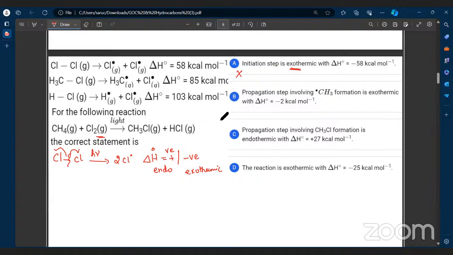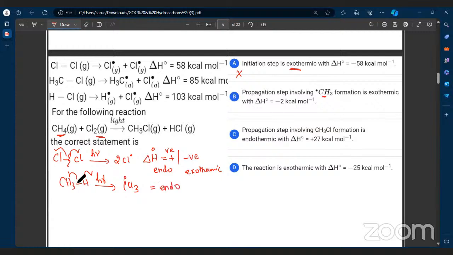Now moving to the next one: the propagation step involving formation of CH3 is exothermic, they have given. What happens in this free radical formation in the propagation step? CH3 hydrogen will be there, like methane. So for the formation of free radical, delta H naught should be endothermic.